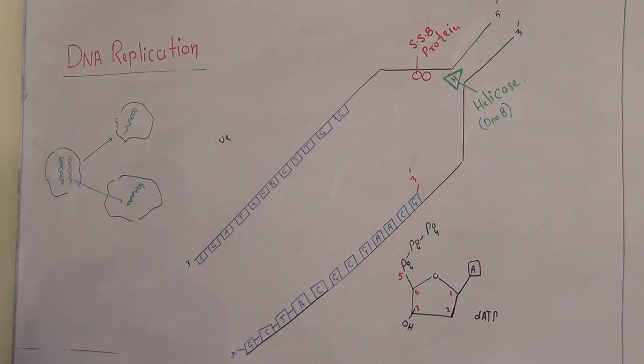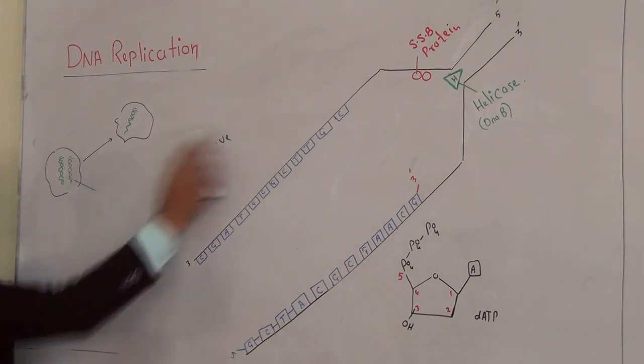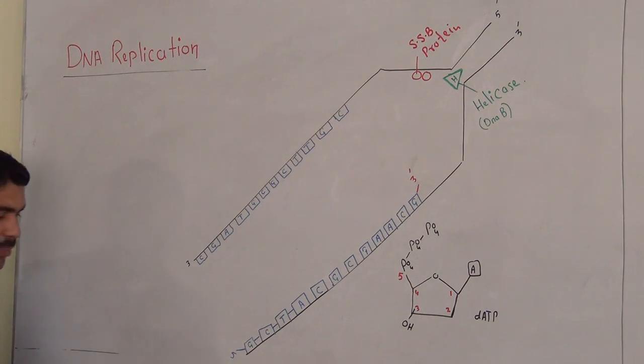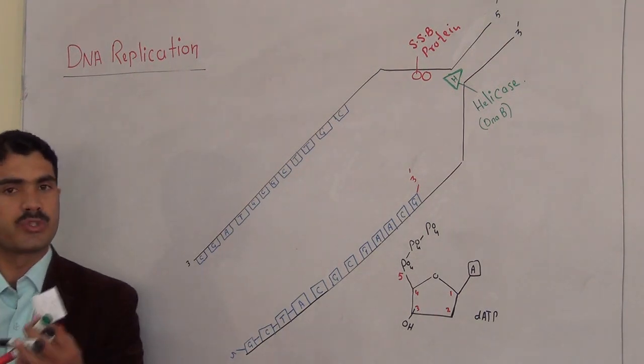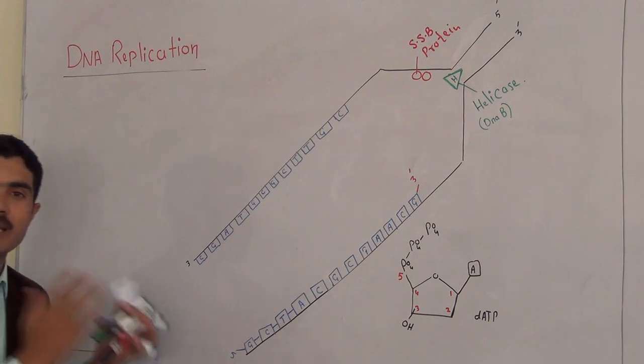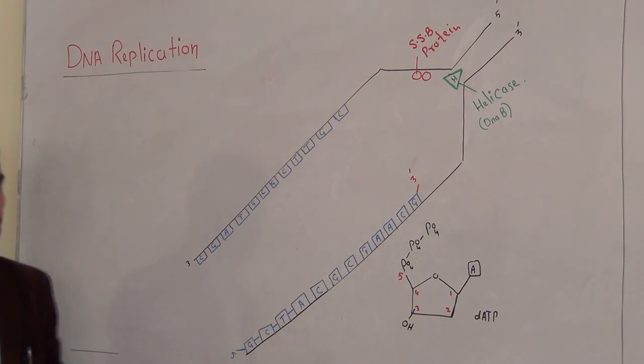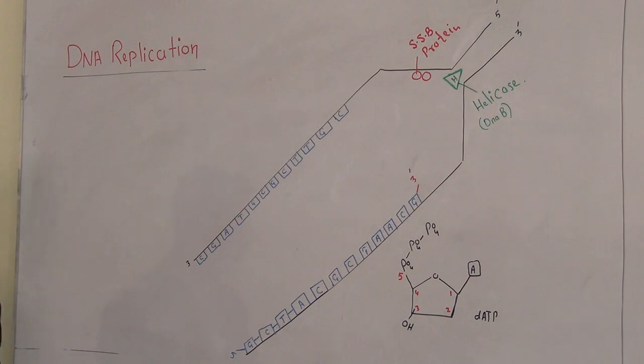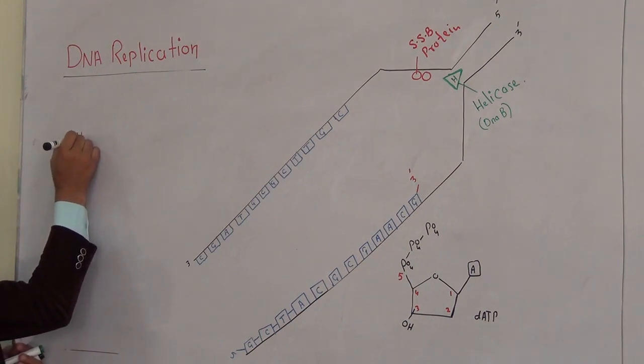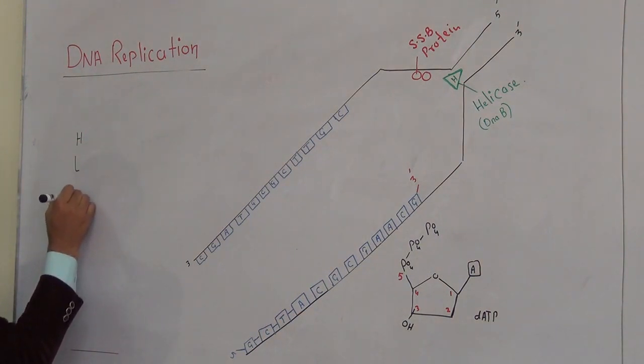Okay, dear students, now we will come to another topic: what are the enzymes or proteins which are used in that process? There are some enzymes first, then we will tell you something about proteins. The enzymes, I can write them with the word HLPG, right?